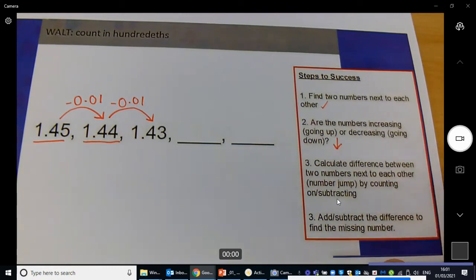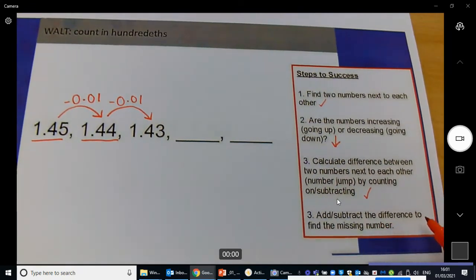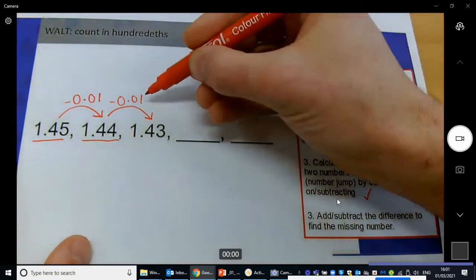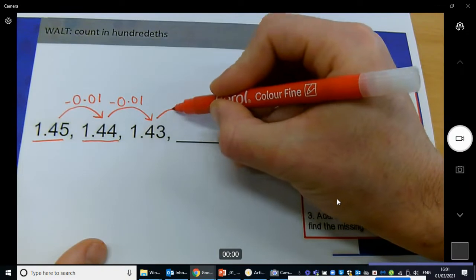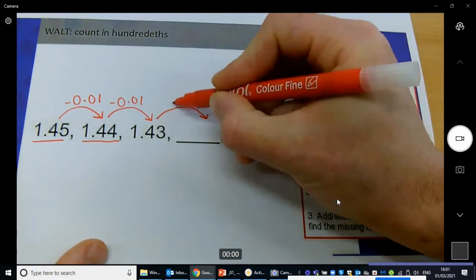So I've now worked out that it's decreasing, and I've worked out the number jumps that it's making each time as well, the difference between them. And then I don't need to add because it's not an increasing sequence, it's a decreasing one. Subtract the difference to find the numbers. So that means I need to subtract 0.01 again.